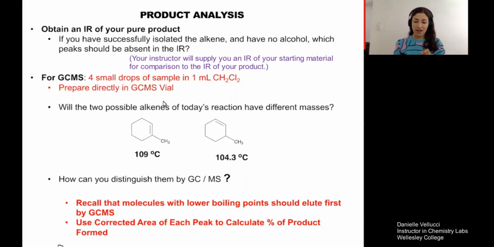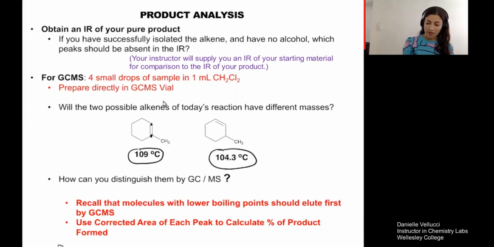After obtaining an IR, you're going to prepare a sample for GCMS. And GCMS is going to be really important in distinguishing how much of each of the two isomers we drew on our mechanism slide we've obtained. Recall that we said these have boiling points of 109 for the more substituted alkene and 104 for the less substituted alkene.